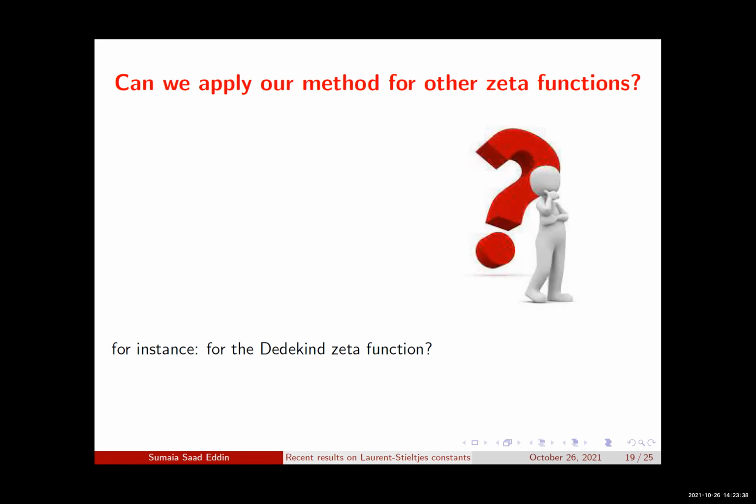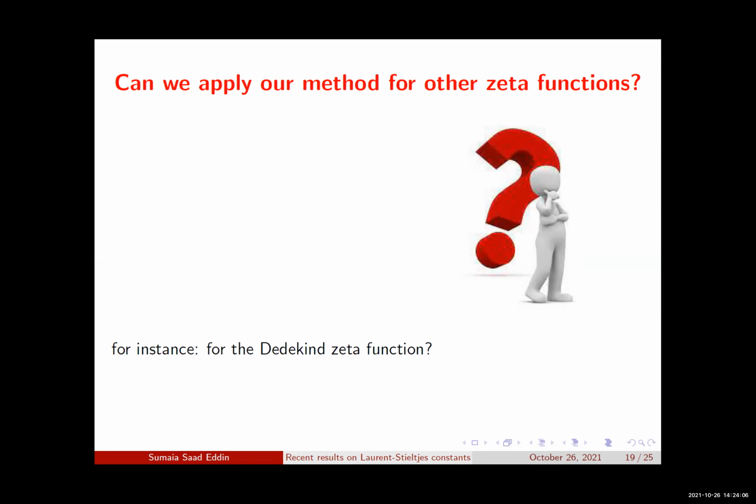Most information was about the first constant, called the Kronecker constant, because it is related to the logarithmic derivative of the L function. So we have many papers about this constant, but not about the other constants.